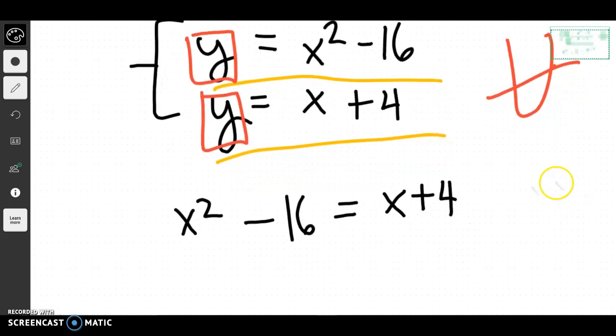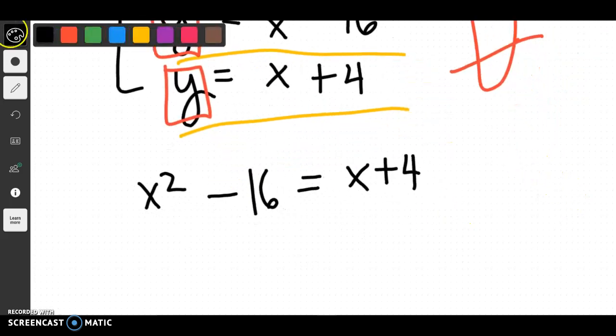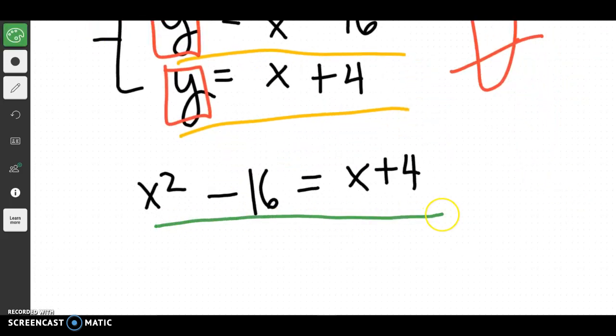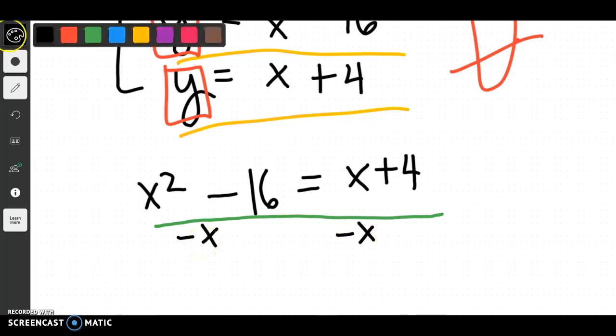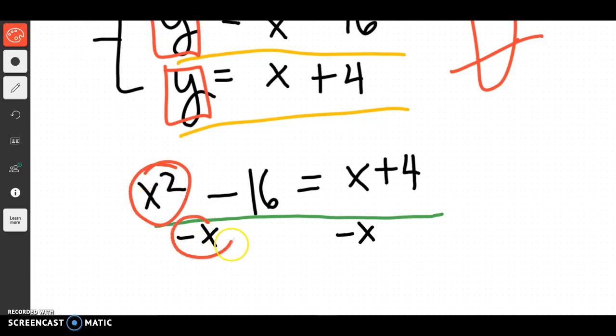Now this might look like it's kind of hard to solve because you have x's on both sides. And when you try to get the x's together, like when I subtract x here, I can't subtract x from the x squared because these two things are not the same.